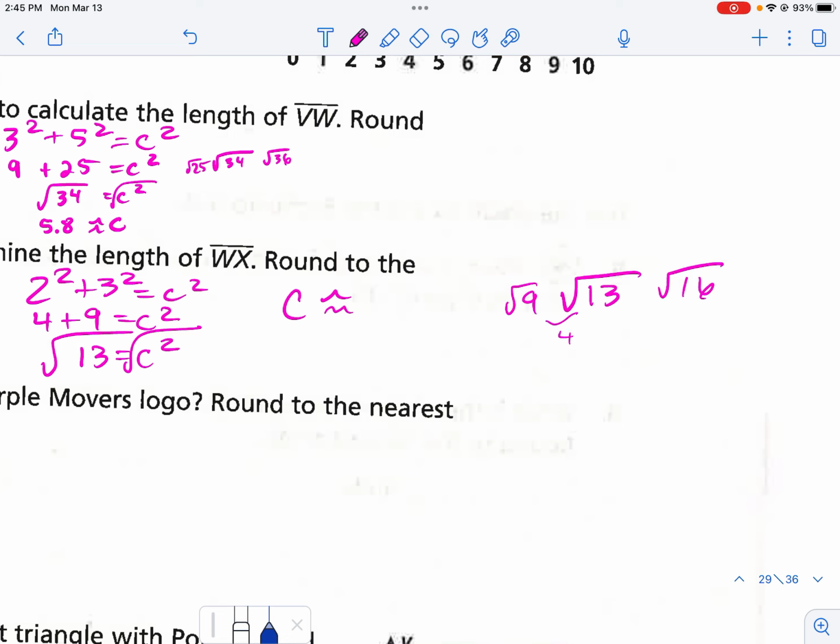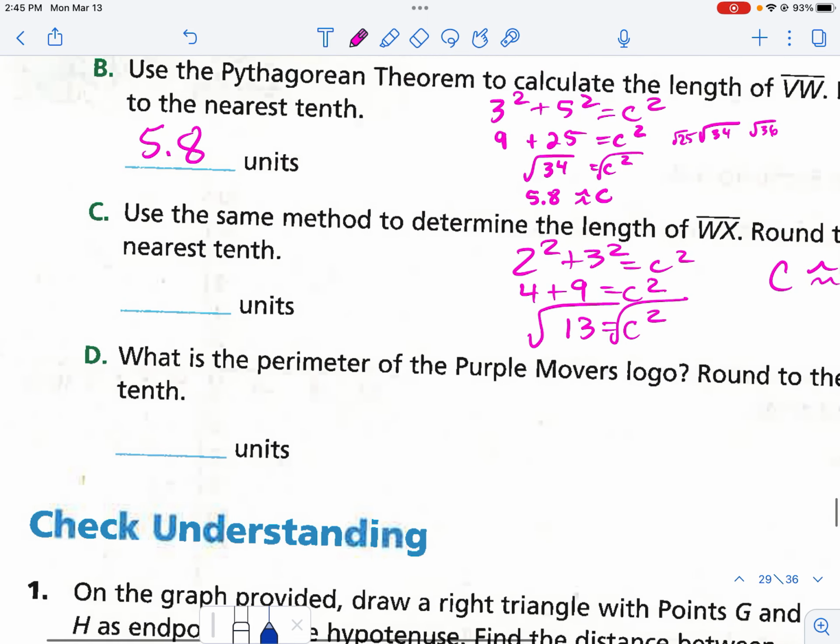This is 4 away. This is 3 away. So it's closer to the 16. So that means it's between 3 and 4. So 3.6. I'm going to go with 3.6-ish.